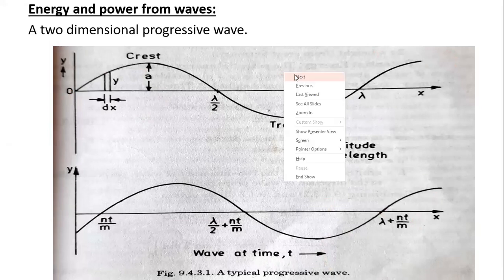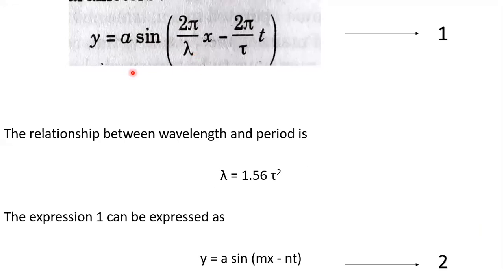How can we represent this wave? y = A sin(2π/λ x − 2π/τ t), where, in this equation 1, y is the height above its mean level in meters.